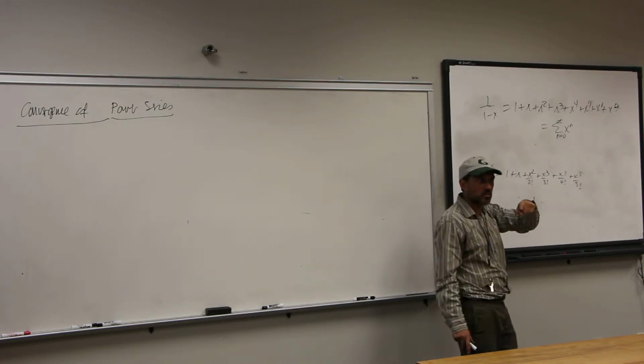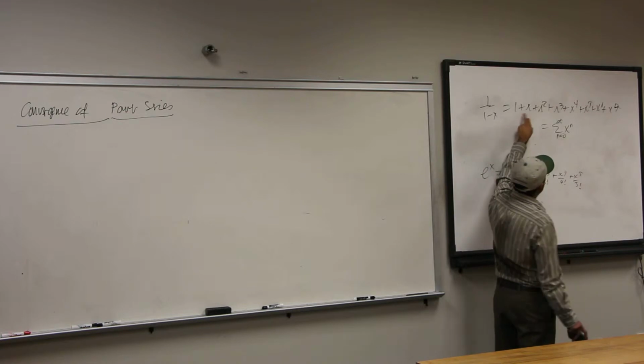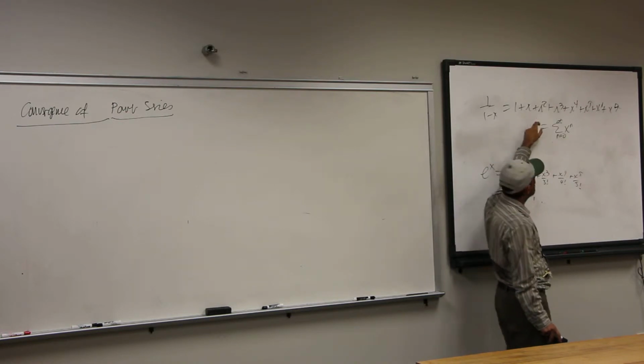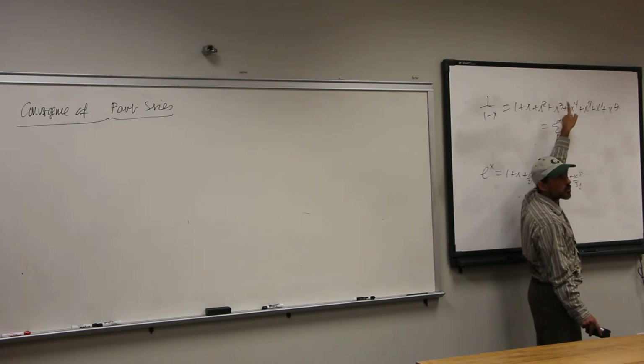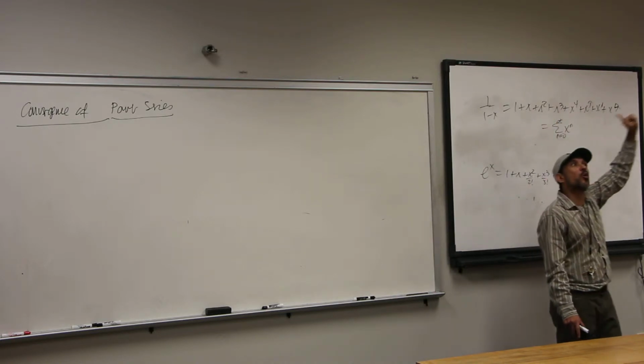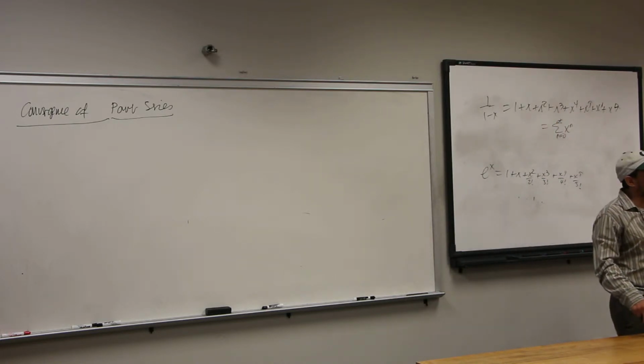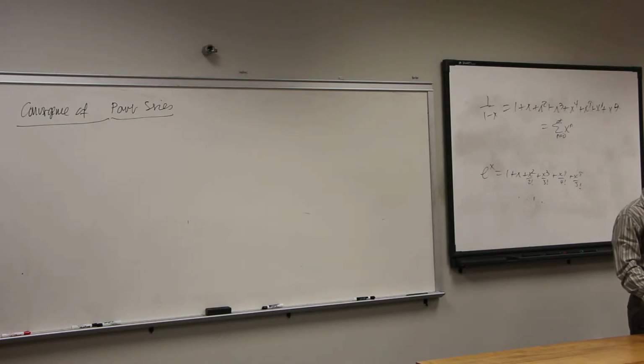How about 1.2? 1 plus 1.2 plus 1.2 squared plus 1.2 cubed plus 1.2 to the 4. Keep going. You know you're going to get infinity, because the terms are not going to 0 and you're adding them all up.